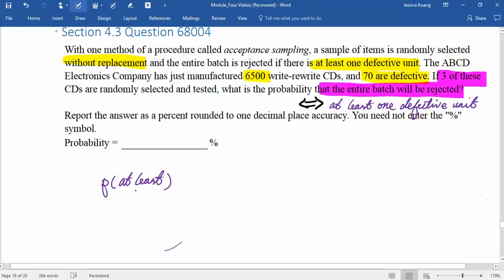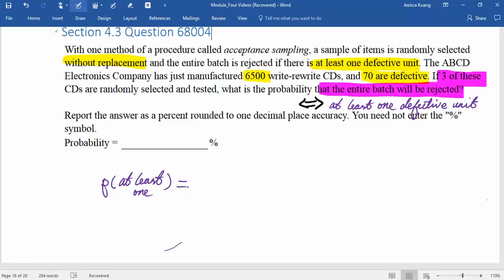At least one. Now we have to deal with many different scenarios. We have to deal with all 3 being defective, plus the case where 2 of them are defective. And then are we talking about the first 2 or the last 2, or the first one and the last one?